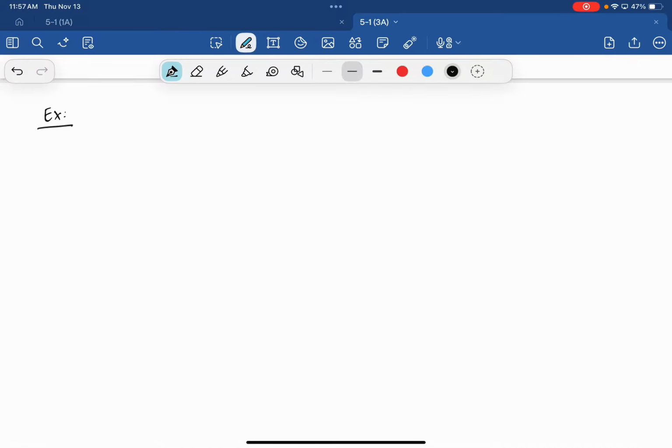The next example has us simplifying something. So the question is, please simplify sine x times cosine squared minus sine x. Okay? So in these questions, typically the best first step is always to factor.